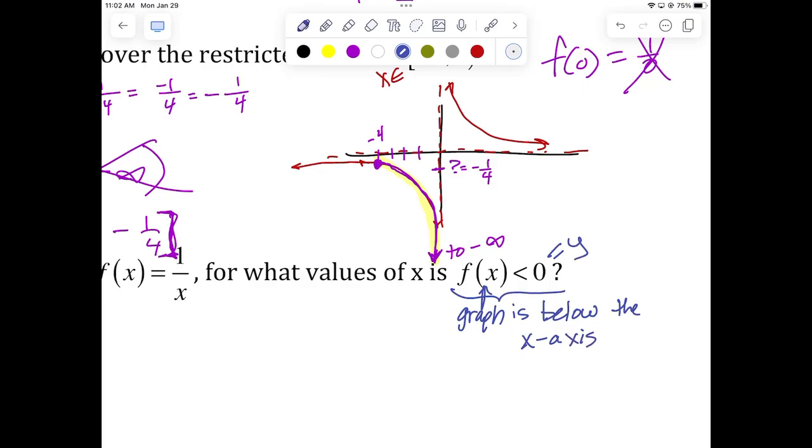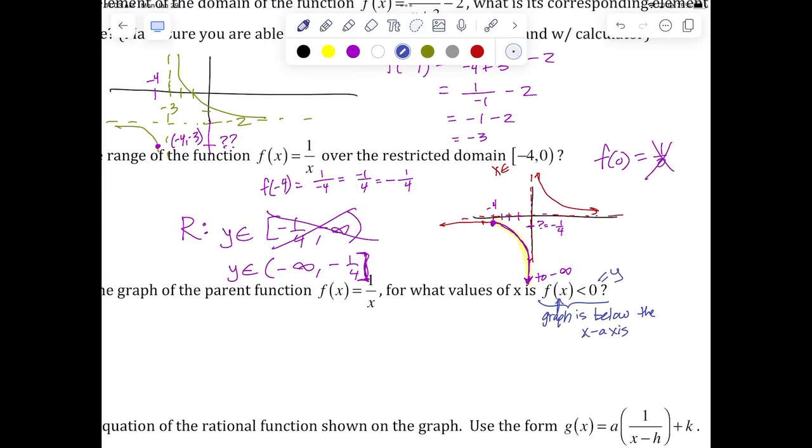You just want to translate it into something that you know what you're looking for. If the function is less than 0, that means the function is negative. That means the graph is below the x-axis. For what values of x is this graph below the x-axis?